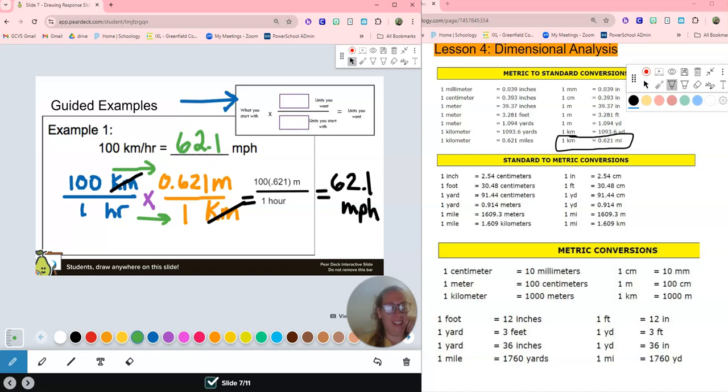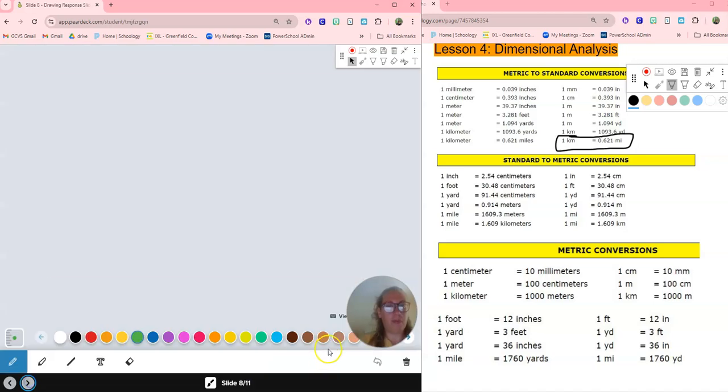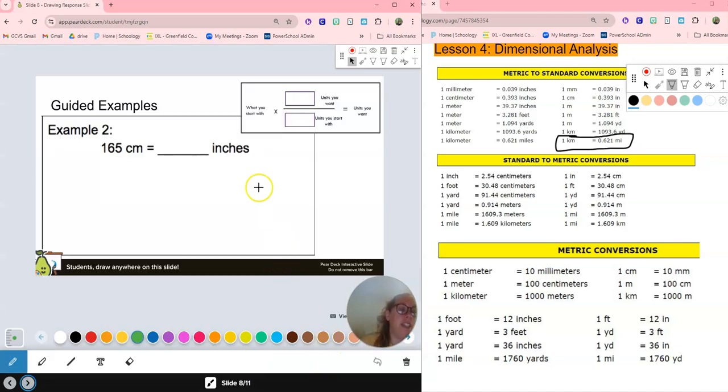Yay! When you're all set, you can go to slide 8, pause if you need to, get whatever you need here, my friends. And we'll look at number 8 together. 165 centimeters is how many inches? Okay, so we're starting with 165 centimeters. Great.